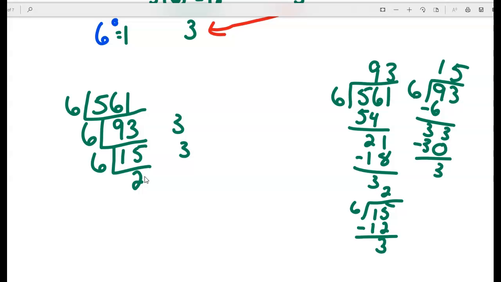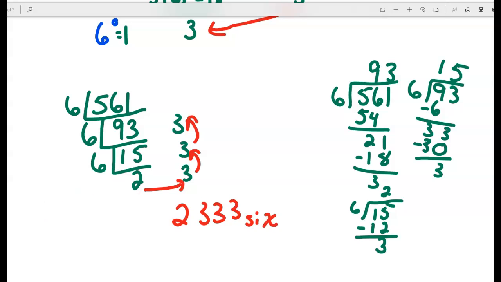Well, I can't divide 2 by 6, so I just put my remainder of 3 here. And then whenever I write it, I'm going to take 2, 3, 3, 3. So I'd have 2, 3, 3, 3, base 6. And I'll do another example in the next video.